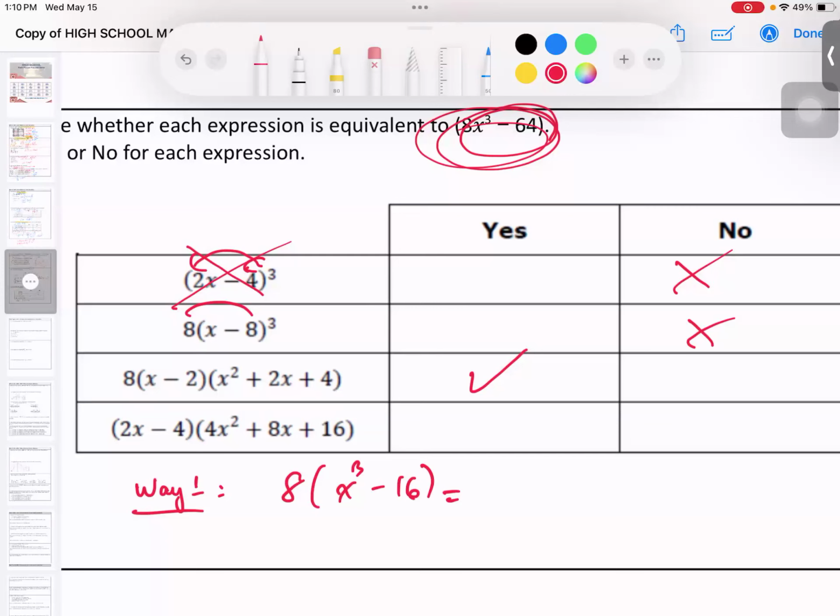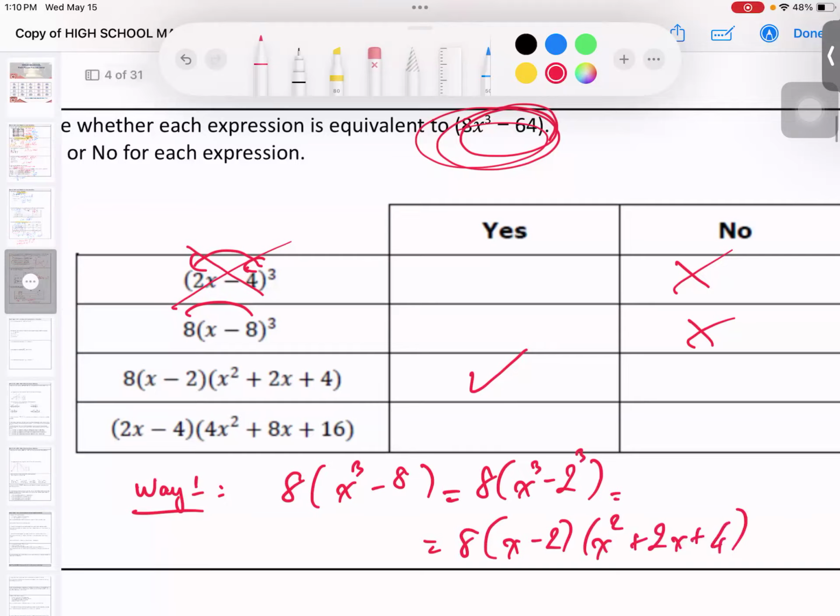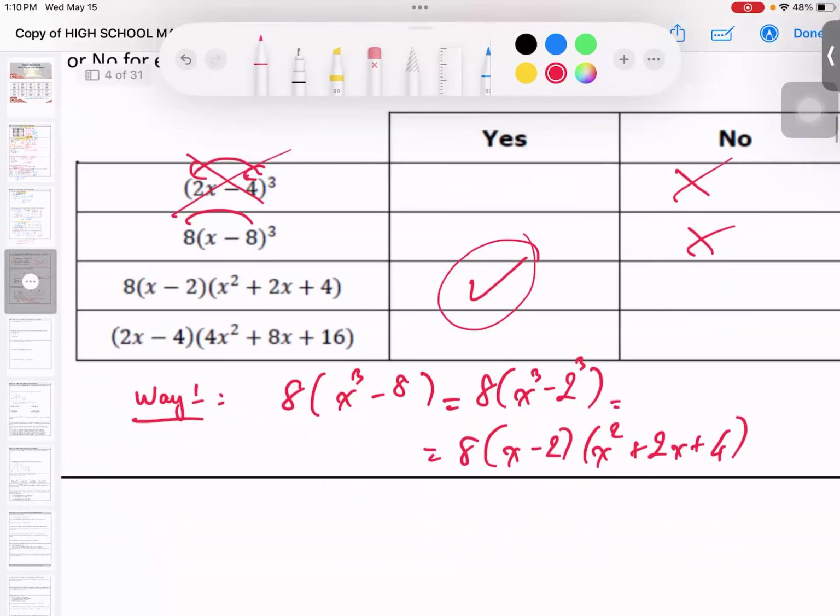Right? So that's x cubed minus 4 minus 2. Wait, it's 8, my bad. It's 2 cubed. Okay, so it's going to be x minus 2, x squared plus 2x plus 4. All right, so that's the answer. Yes.